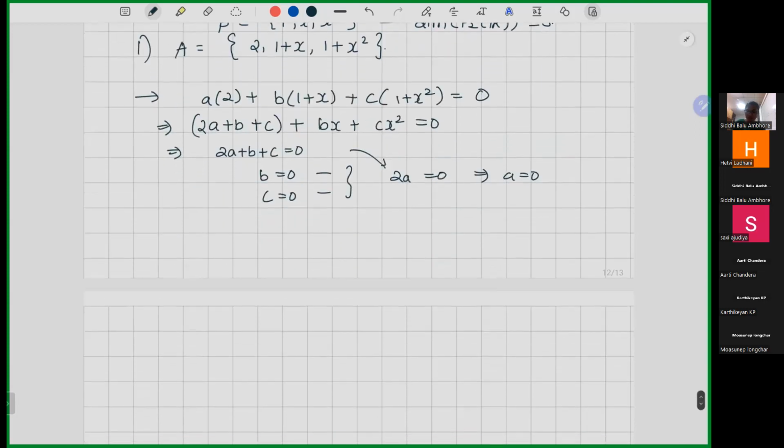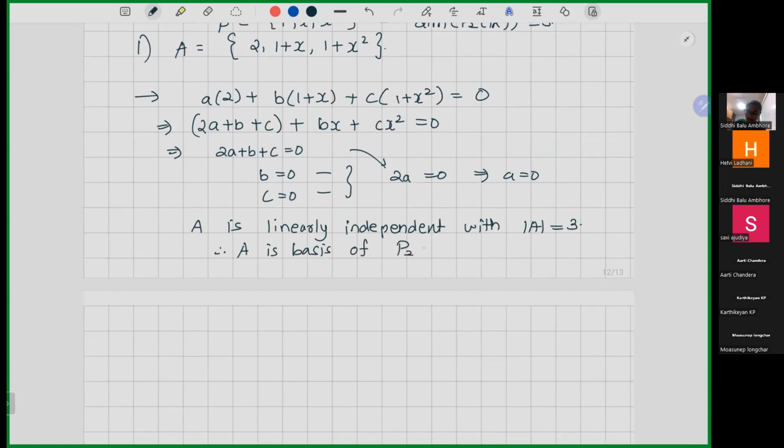So this set A is linearly independent with cardinality of A, or the size of A, to be 3. Therefore, A is a basis of P2R. Any doubt here?